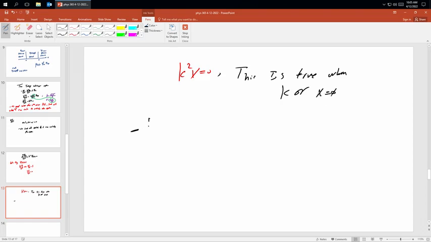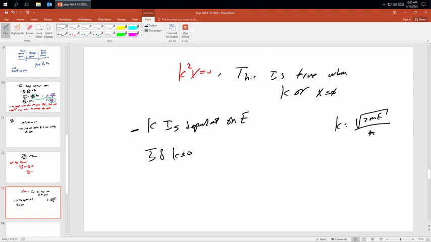But here's the problem. Remember what k was? k is the square root of 2mE over h bar, right? So k is dependent on the energy.